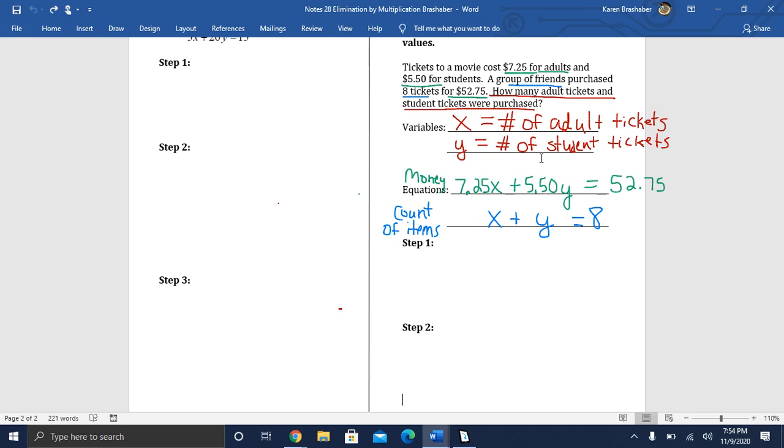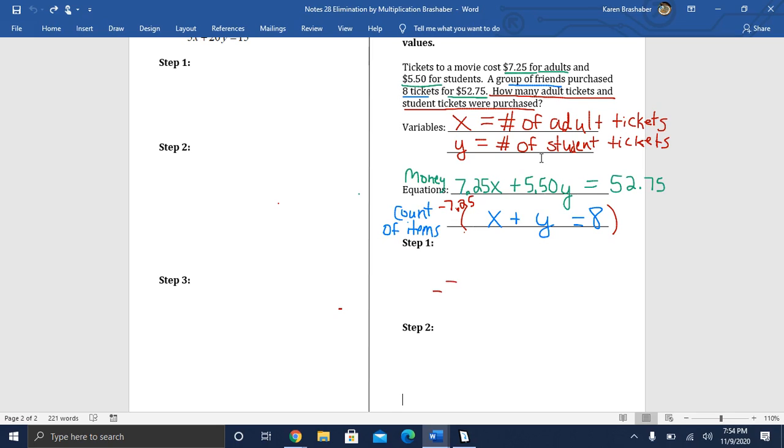So if I take my bottom equation and multiply it by negative 7.25, then I'll have the same number as my x in the money equation, but the opposite sign.